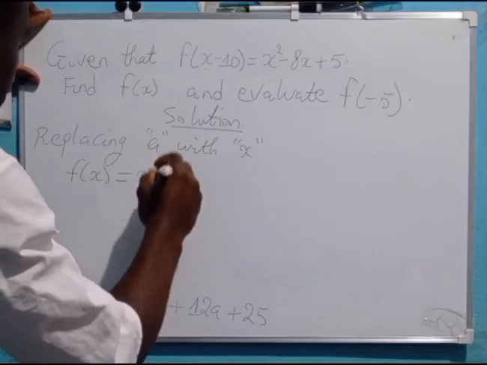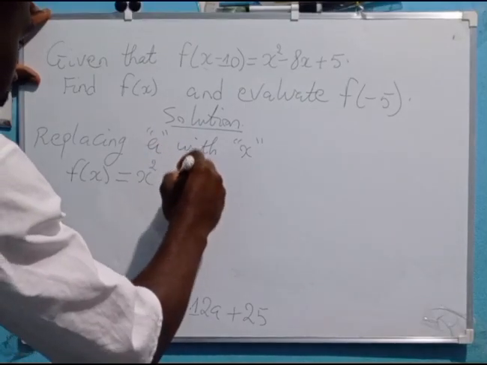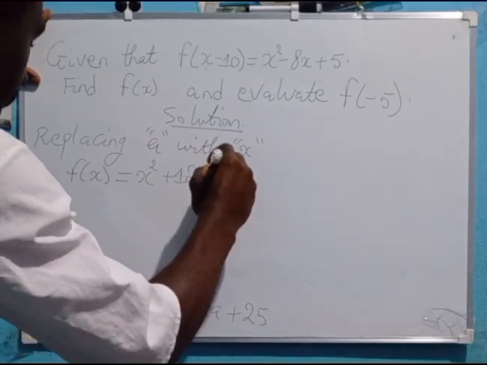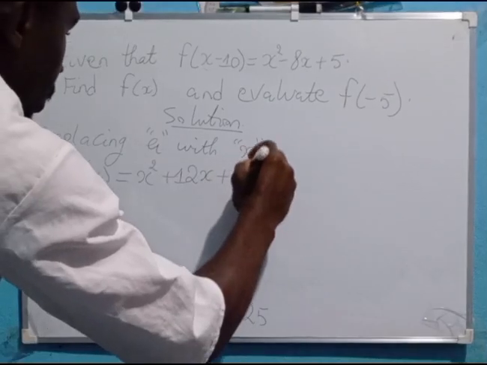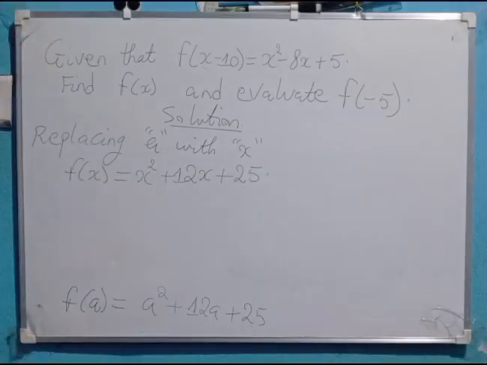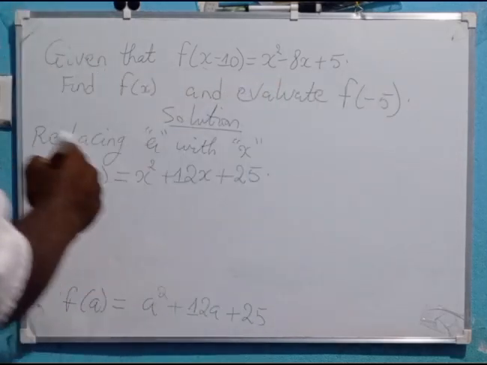It gives us x squared plus 12x plus 25. So this is the function f of x. Now we can find f of negative 5.